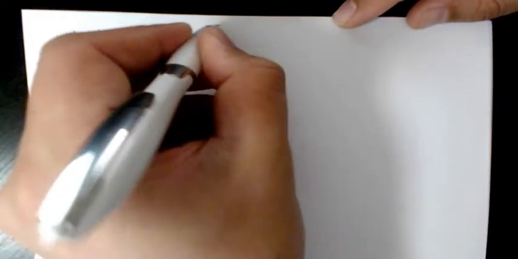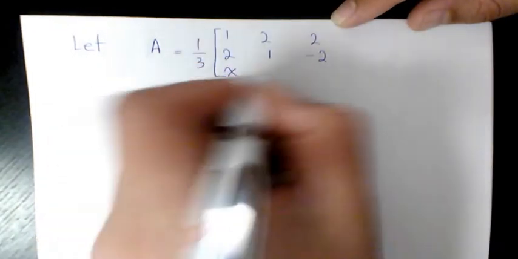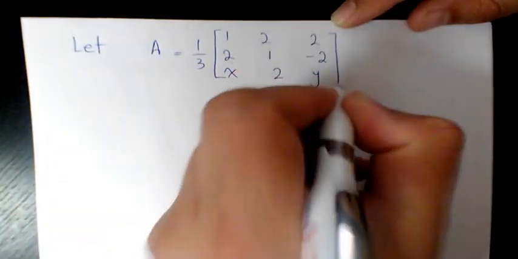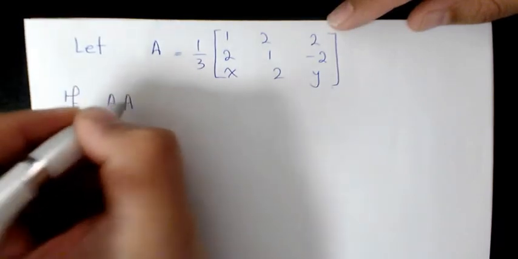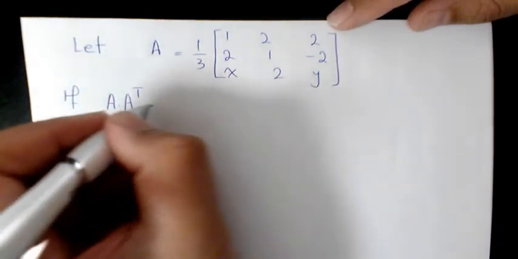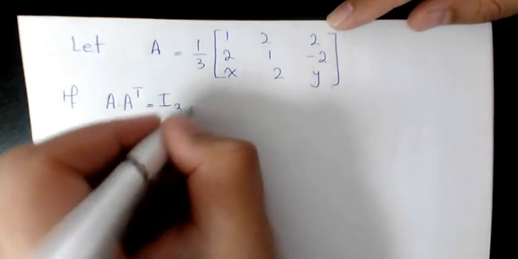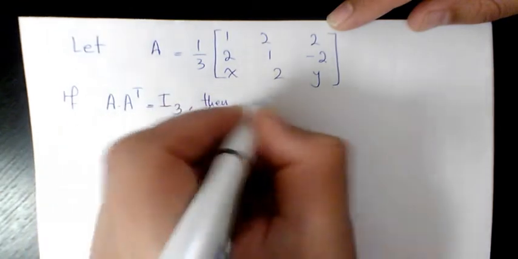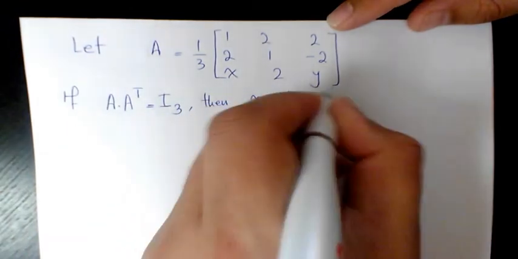And the next question says, let A be 1 over 3 times the matrix 1, 2, 2, 2, 1, negative 2, x, 2, y. If A times the transpose of A equals I3, then what are the values of x and y?